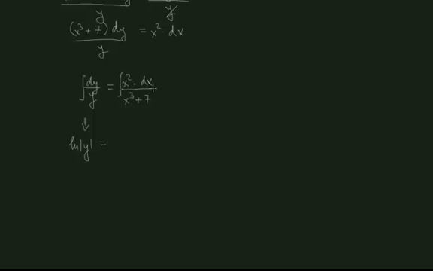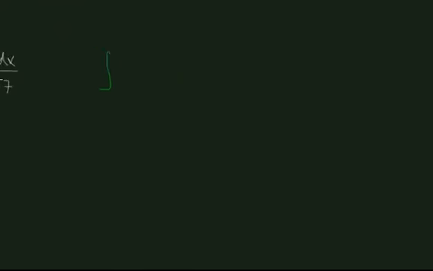But on the right hand side the integral of x squared times dx over x cubed plus 7 takes a little bit more effort. So let me choose green color, and let's solve this right hand side integral, which is x squared times dx over x cubed plus 7.